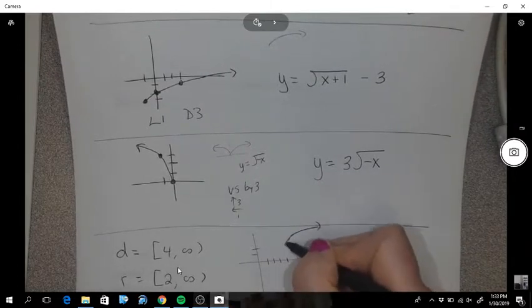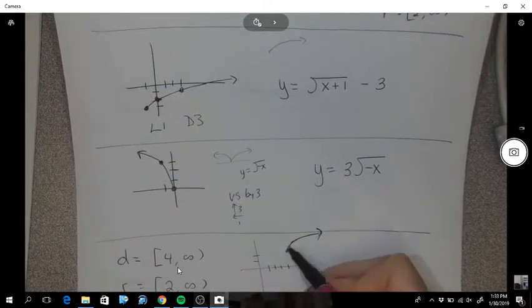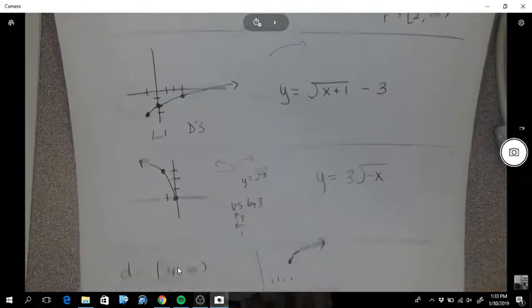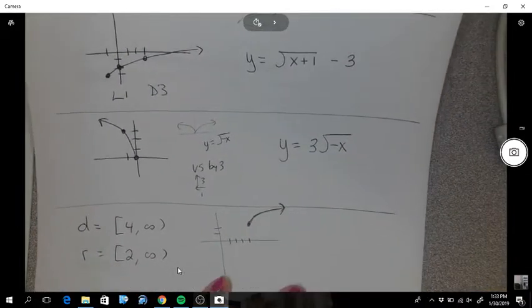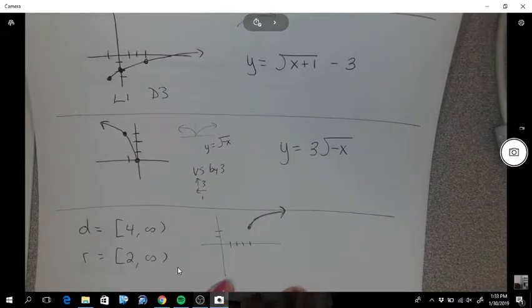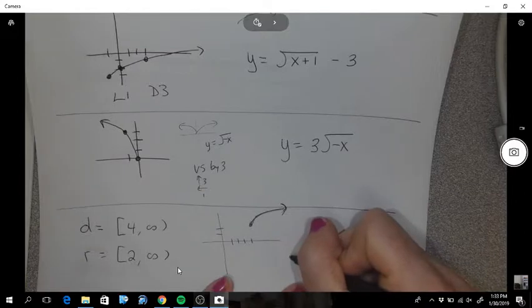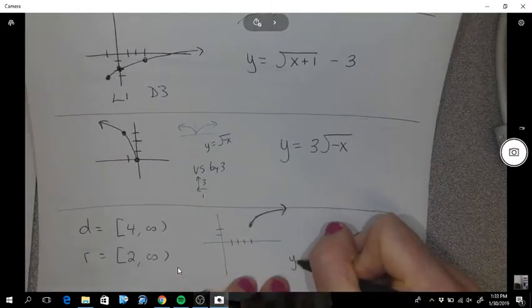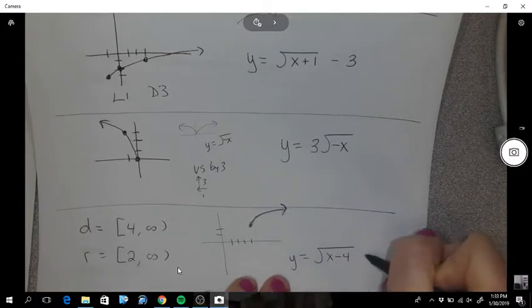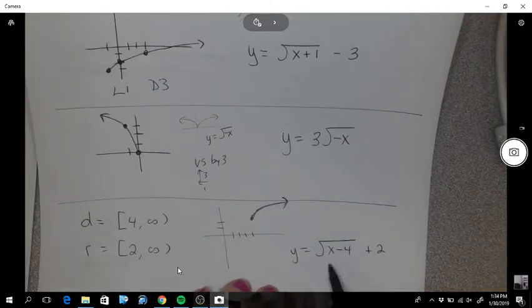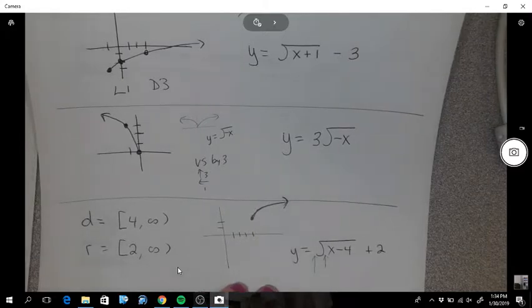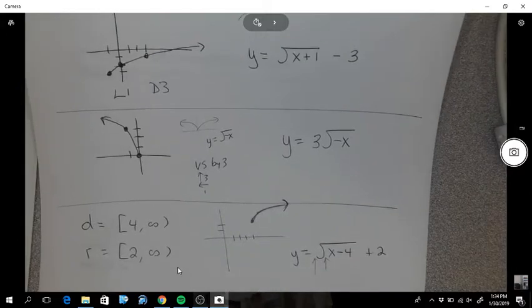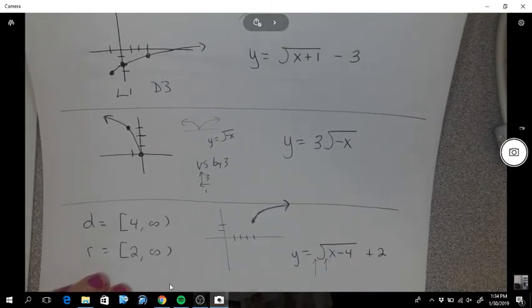So I'm going up, and up. So therefore, I change the starting point. You could also make any kind of horizontal shift or any kind of vertical stretch in here. Both would work. So your final equation could be an example of that, and like I said, you could put a horizontal compression or a vertical stretch in there. That's not going to change the domain and the range.